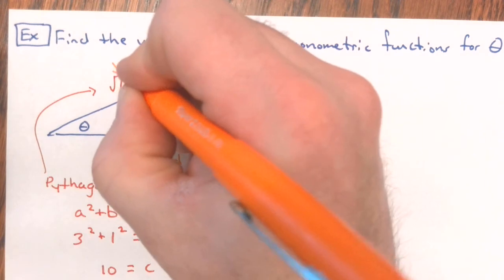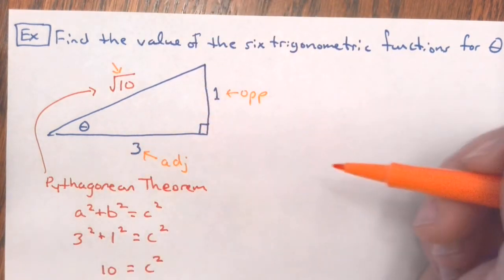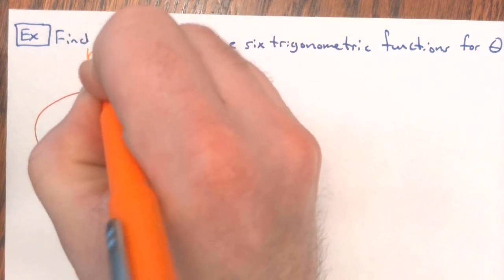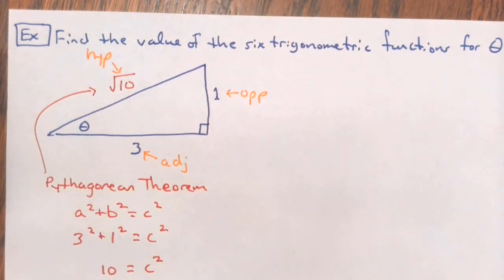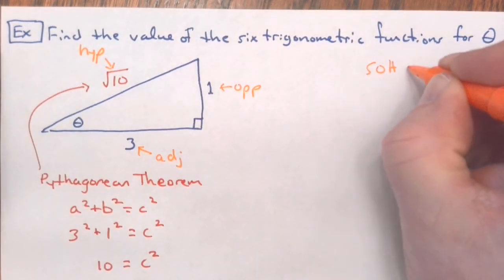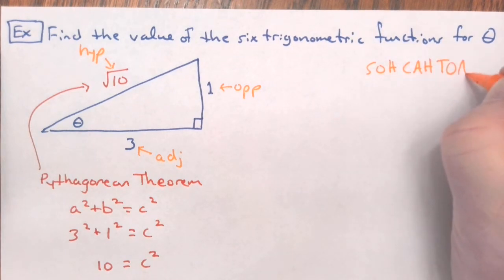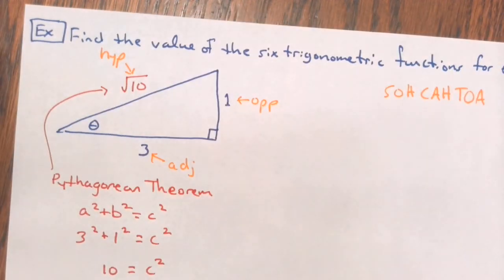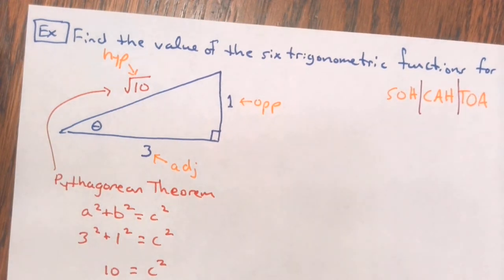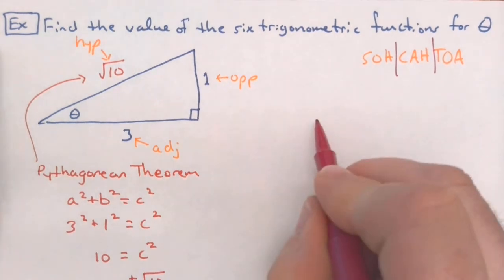And then the one straight across from your right angle, or the one that doesn't touch your 2 legs, that's your hypotenuse. From there, I can use SOHCAHTOA to calculate the values of our 3 main trigonometric functions. So first, let me do sine.